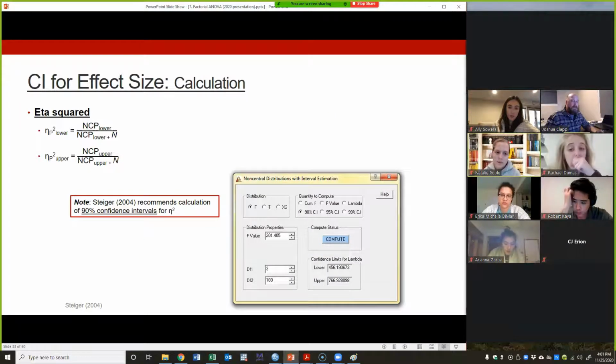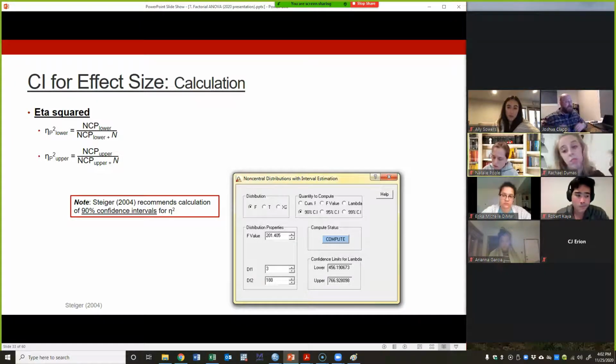Calculation of our effect size confidence bounds. Again, we use our non-centrality calculator to get non-centrality parameters, upper and lower, to calculate confidence bounds on effect size for partial eta squared. Here, Steiger recommends calculating 90% confidence intervals because we can't have less than 0.